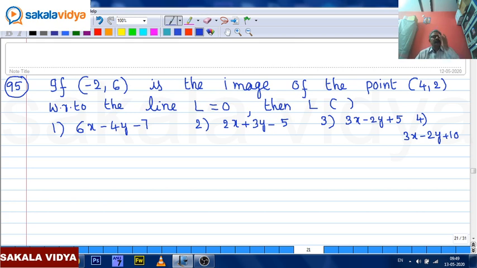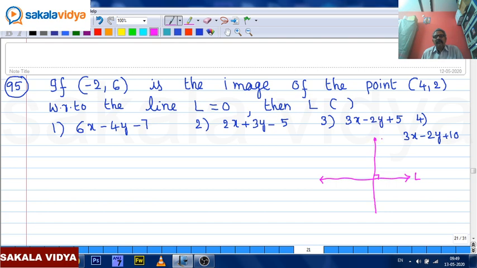If -2 comma 6 is the image of the point 4 comma 2 with respect to the line L equal to 0, then we need to find L. So what does L stand for? This is line L, and it is a perpendicular.